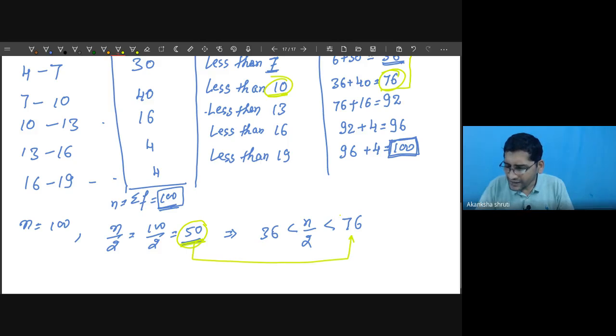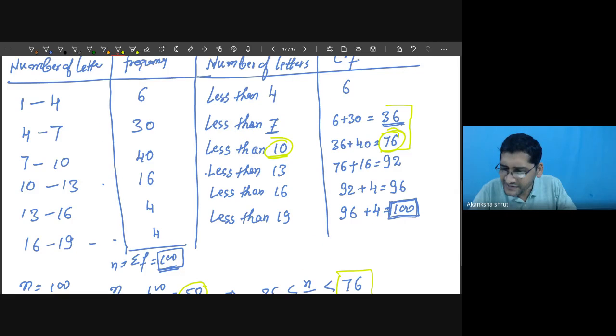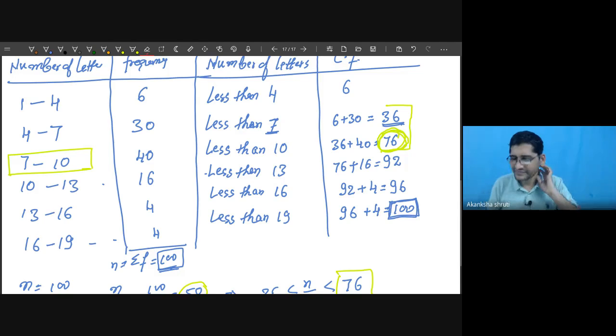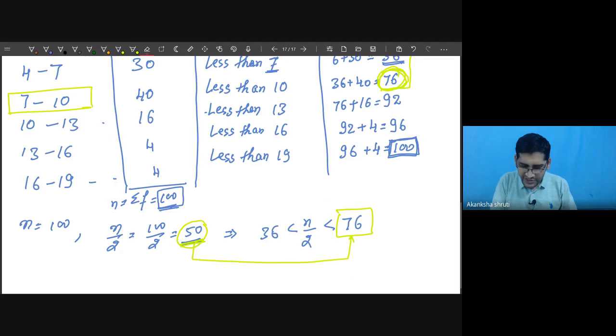So you shall allocate this 76, and corresponding to this 76 you have to mark this interval. So this interval 7 to 10 is acting as the modal class.